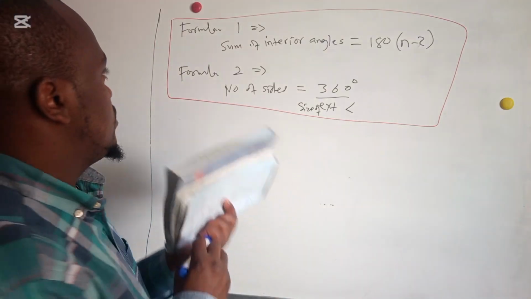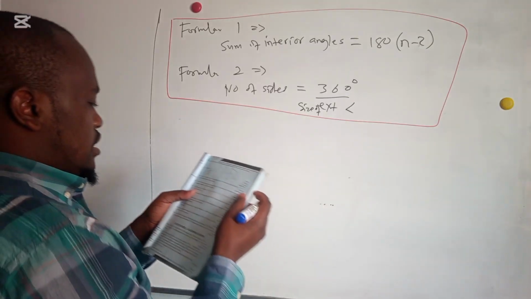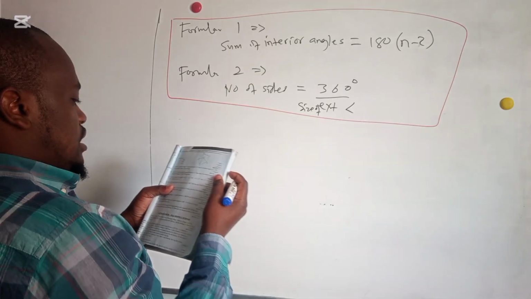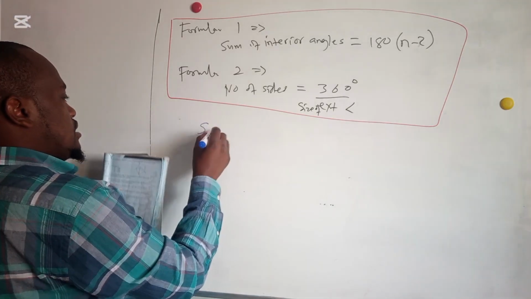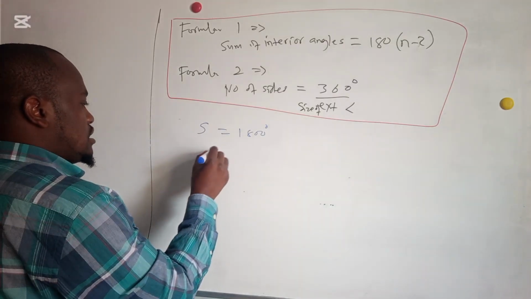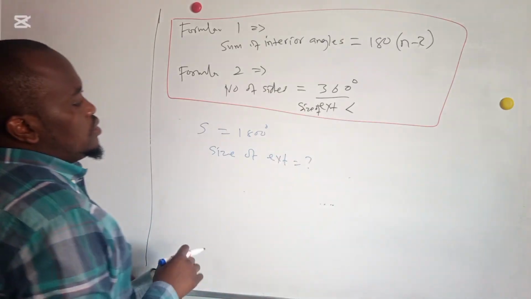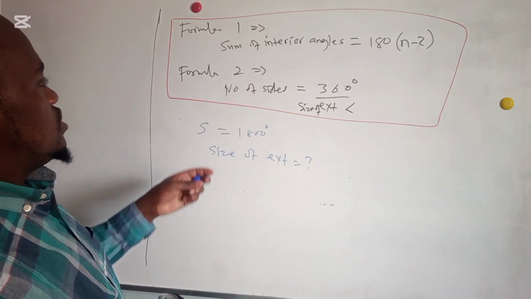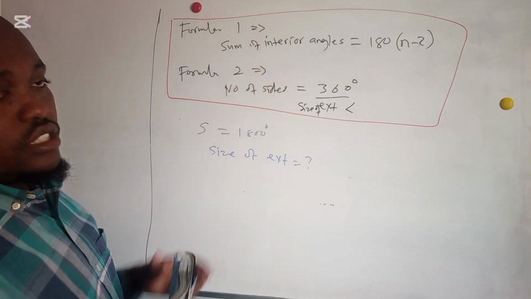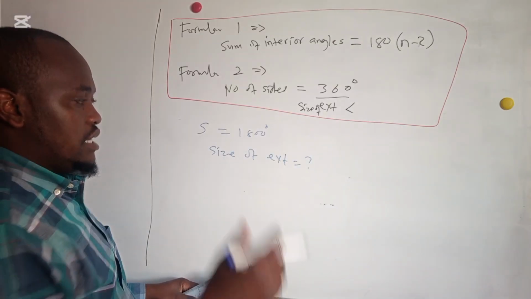So S is equal to 1800 degrees. Find the size of the exterior angle. When you are told this, you are going to use either this formula or this formula. But you're given the sum, so the easier one is to first find the number of sides. When you get the number of sides, you're going to get interior angles.